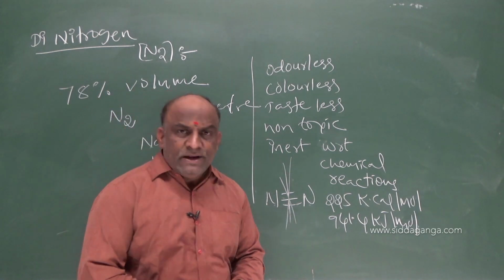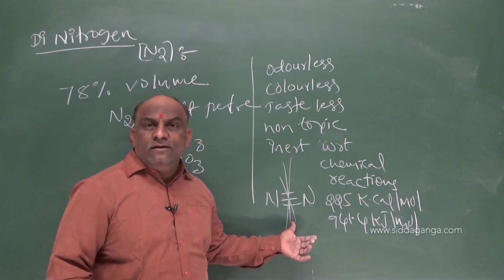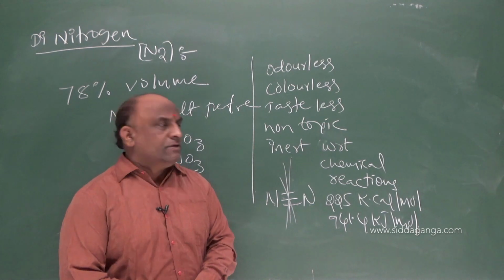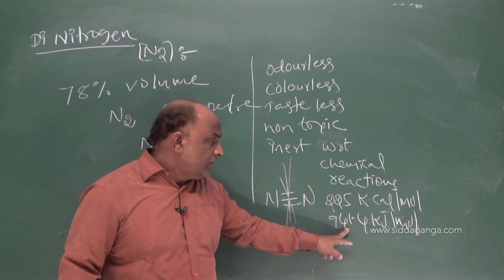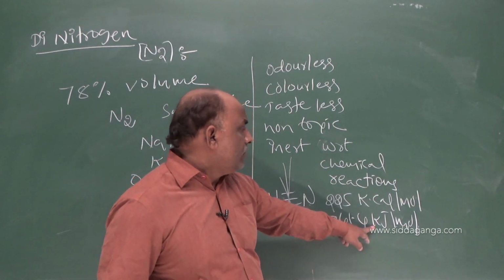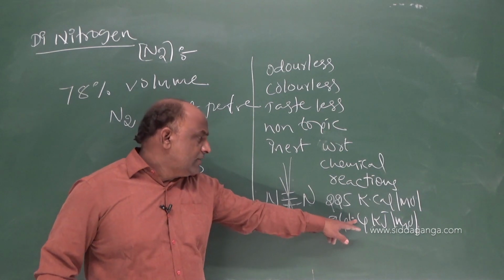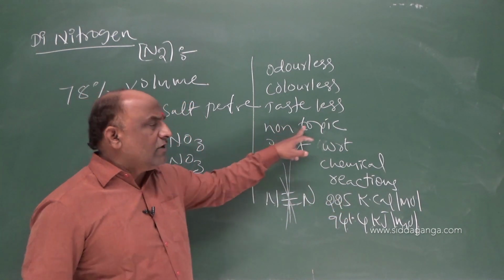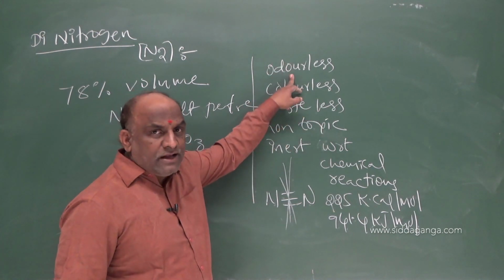If you supply that temperature, bond cleavage takes place and then nitrogen participates in chemical reactions. The bond-breaking energy is 225 kilocalories per mole or 941.4 kilojoules per mole, very high energy. So dinitrogen is inert, not toxic, tasteless, colorless, odorless.